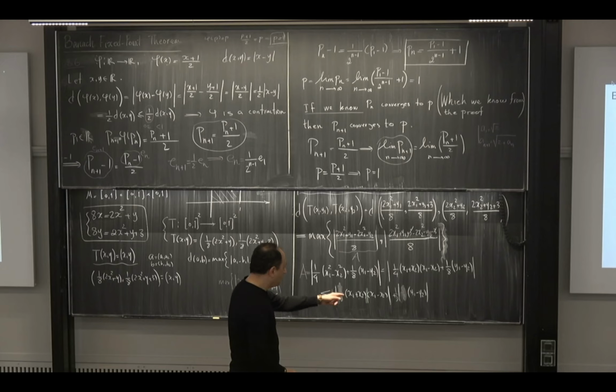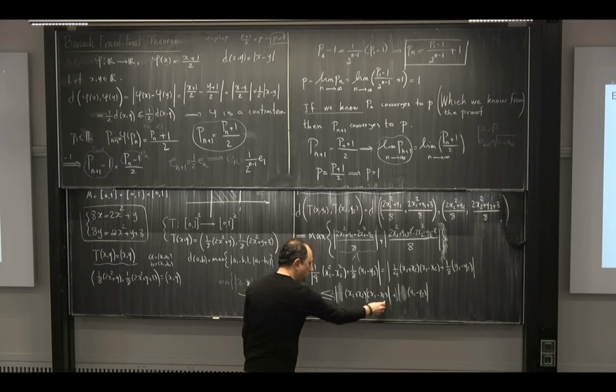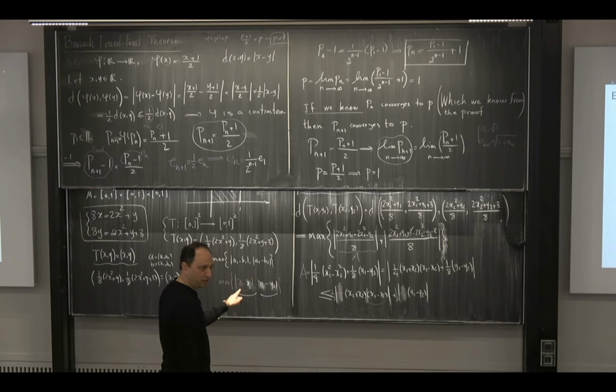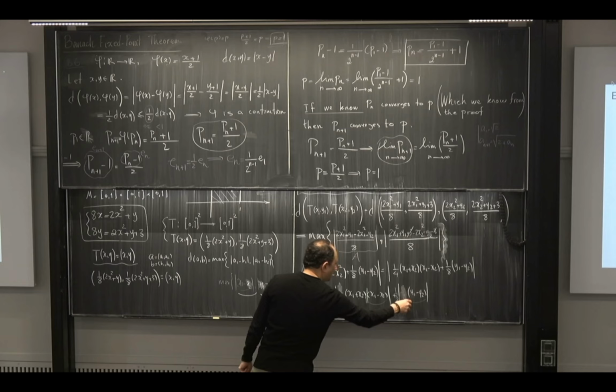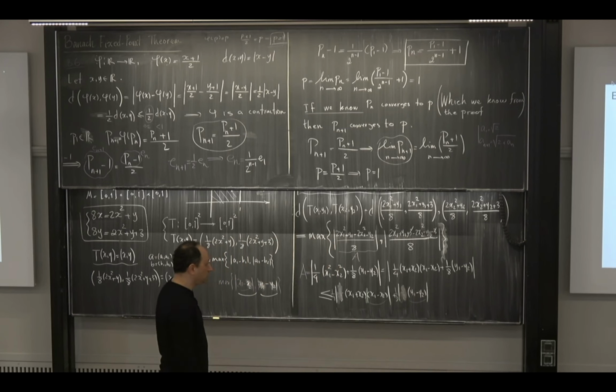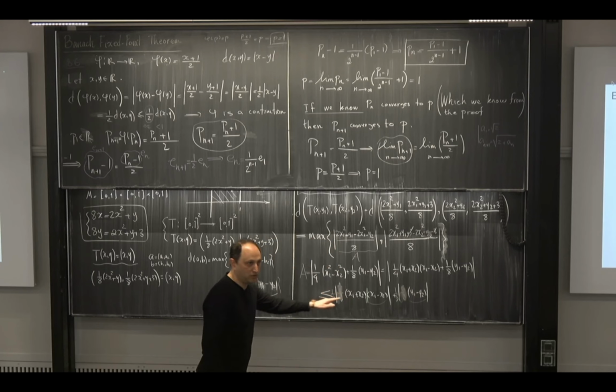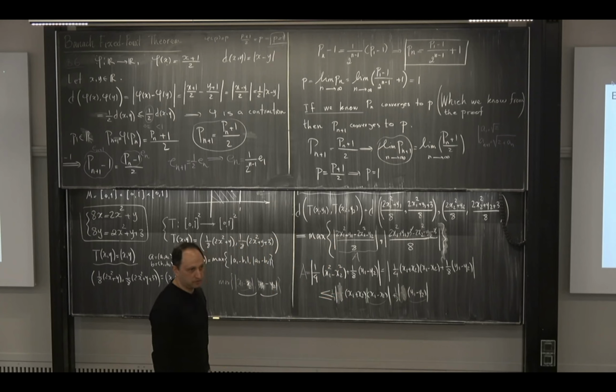Again, what is the only problematic term here for me? I like this one because it is supposed to somehow appear. I like this one because it is somehow supposed to appear. I don't like this one because it is not supposed to appear. So I have to get rid of it. How can I get rid of it? Again, not by equality. Equality is very strict.